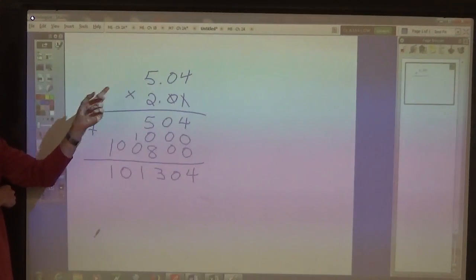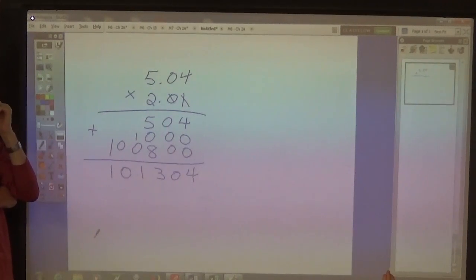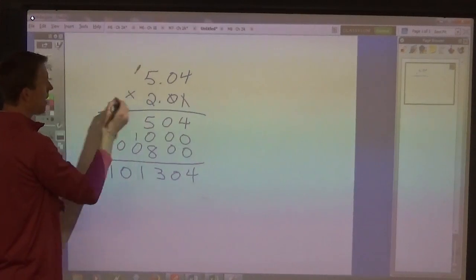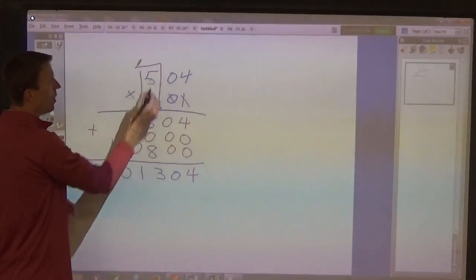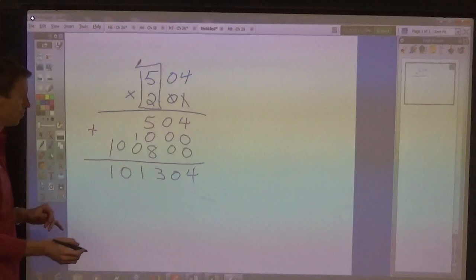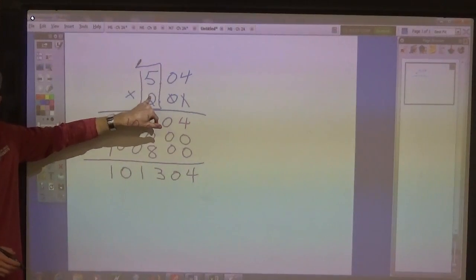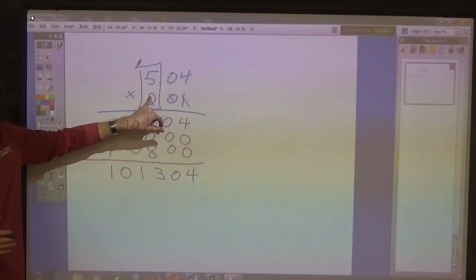Yeah, if you were estimating this, what should the answer be close to? Just use the whole numbers. 10, yeah. The whole numbers are 5 times 2. So we know it's going to be close to 10. Always use the problem to help you figure out where the decimal point is. Make sure that the answer makes sense.